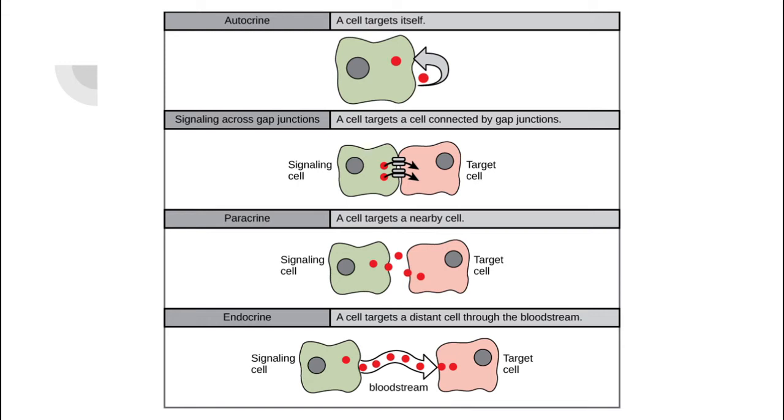And then we have paracrine signaling, which is where the cell targets a nearby cell, but they are not connected. And then we have endocrine, so this is where the cell targets a distant cell through the bloodstream. So this is going to be farther apart.